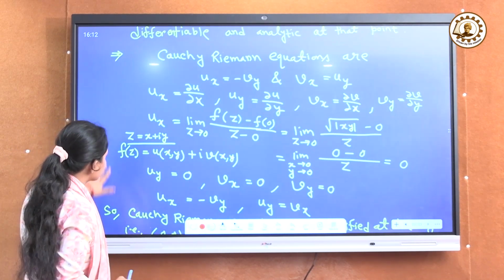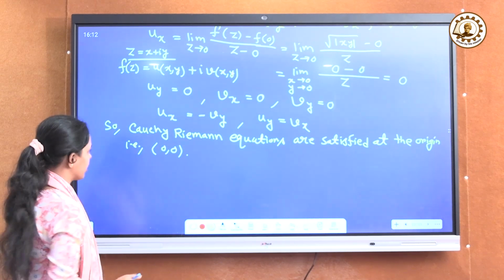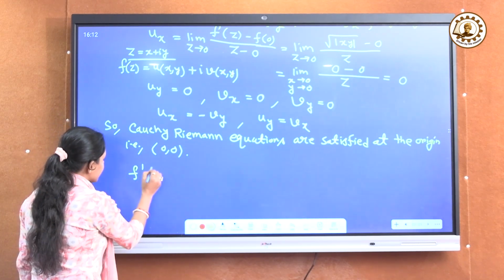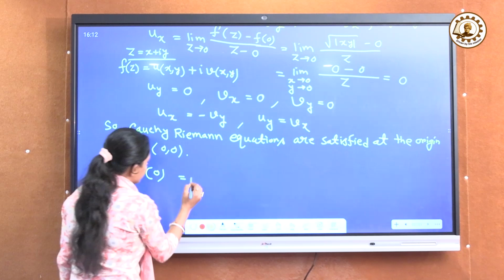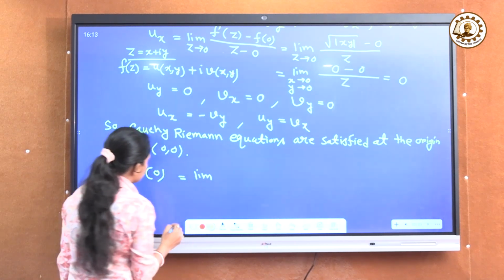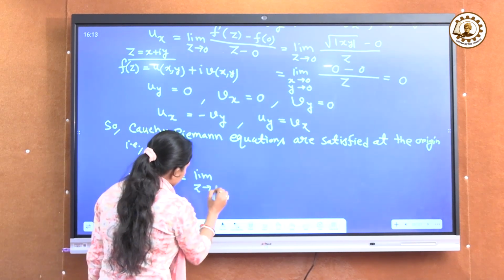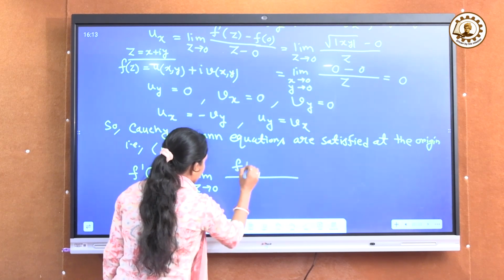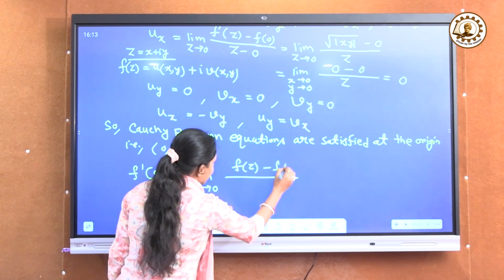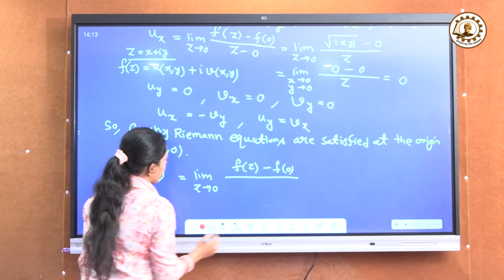At first we calculate the differentiability, that means f dash 0.